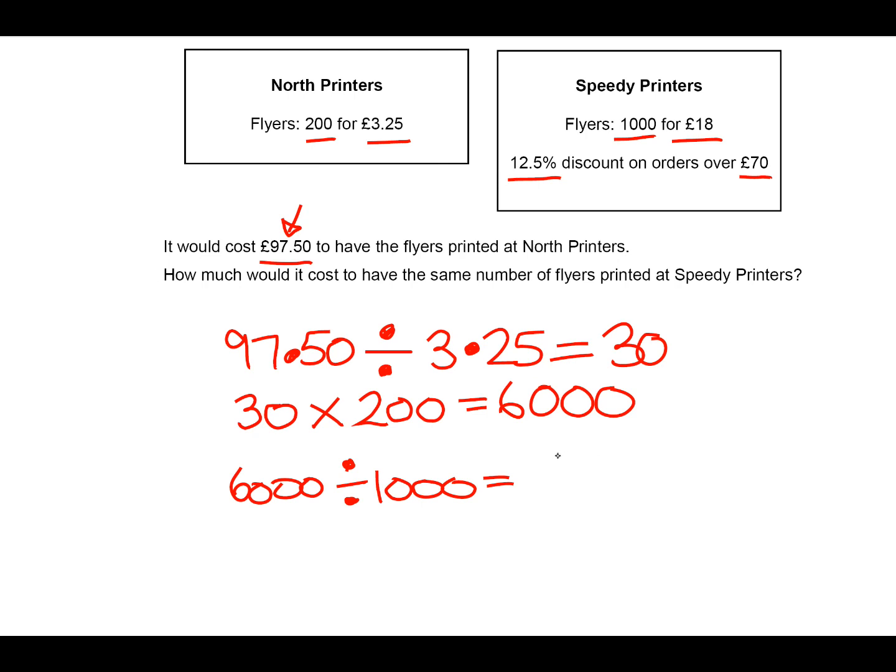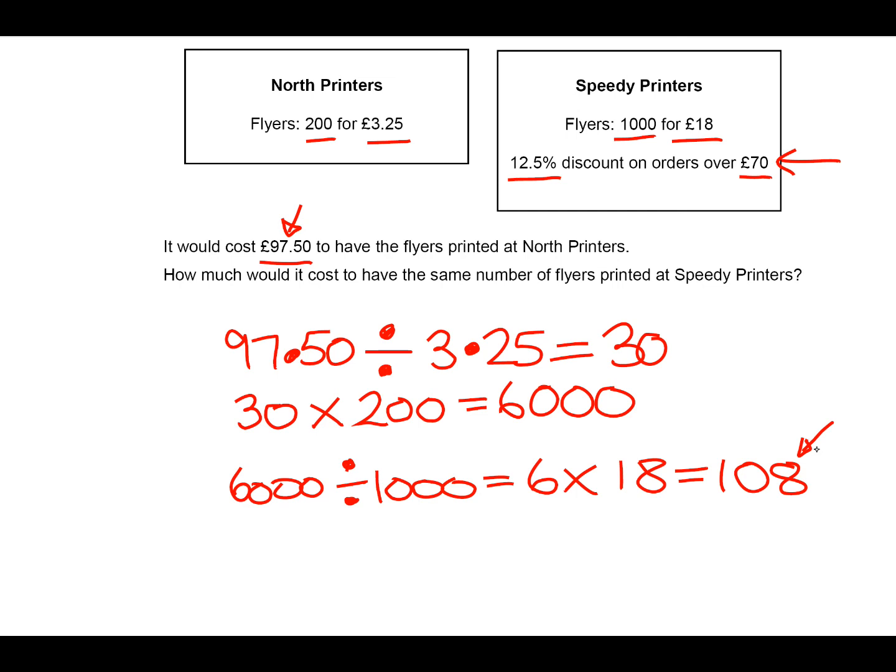Which gives us 6 lots of £18 that we need to buy from Speedy printers. Do this on your calculator and you get £108. Now, we've been told there's a discount if we spend over 70, which we have.